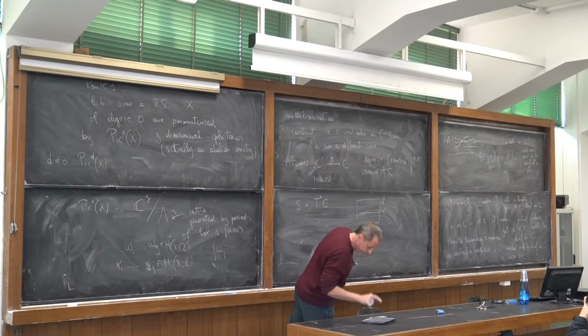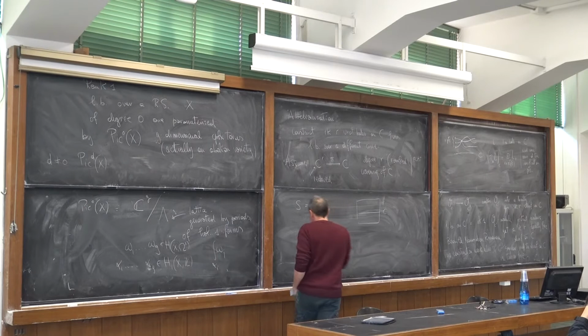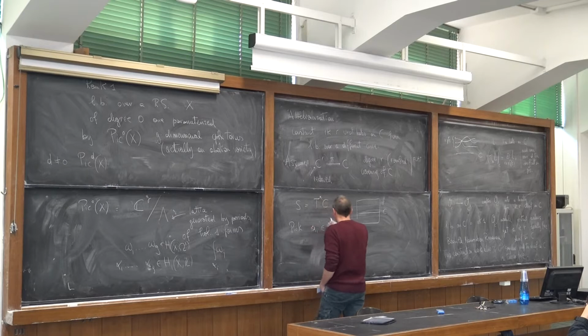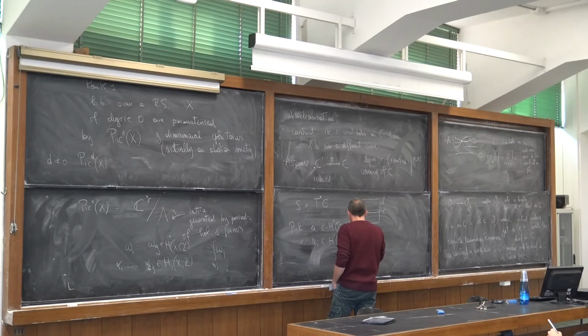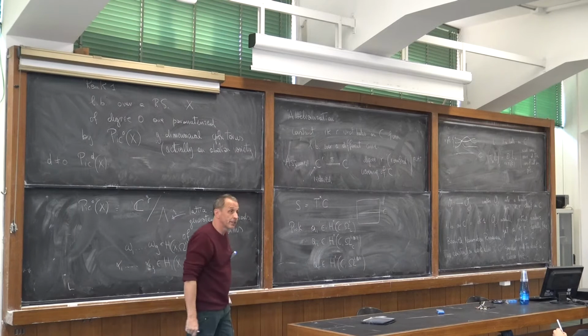Now, to construct these coverings, you can do the following. Pick a1, a holomorphic one form, a2, a quadratic differential, and so on up to ar, an r-differential.